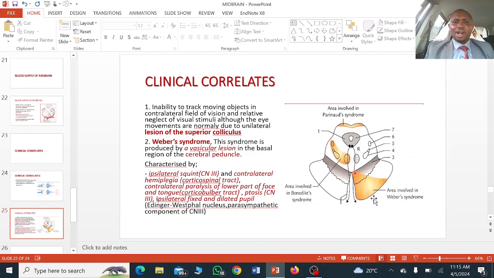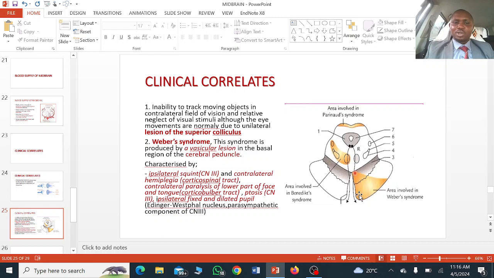Weber's syndrome occurs when there is a vascular lesion in the basal region of the cerebral peduncle, and it is characterized by ipsilateral squint because of the involvement of cranial nerve number 3, contralateral hemiplegia because of the involvement of the corticospinal tract, and contralateral paralysis of the lower part of the face and tongue because of the involvement of the corticobulbar tract.